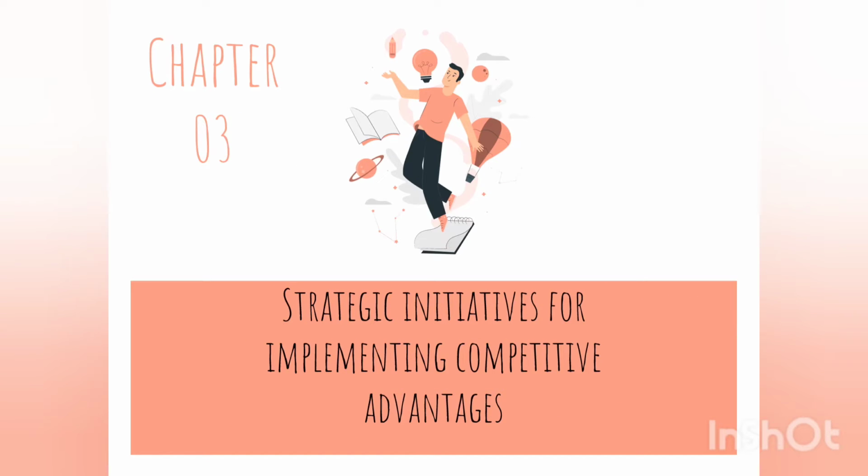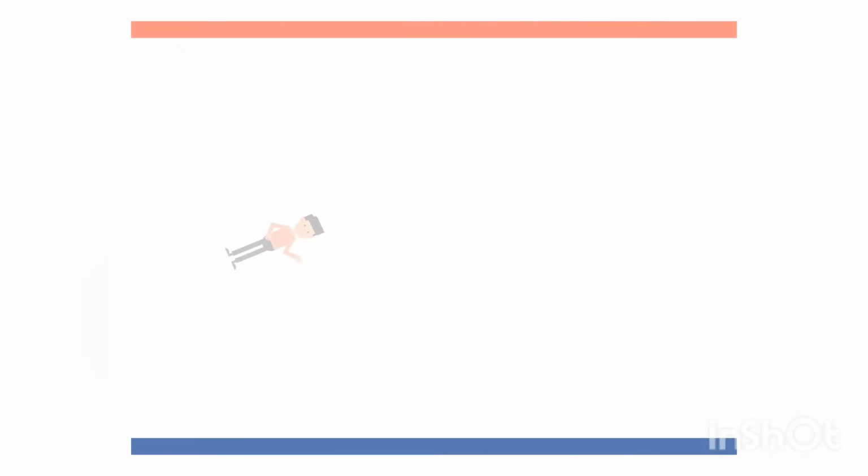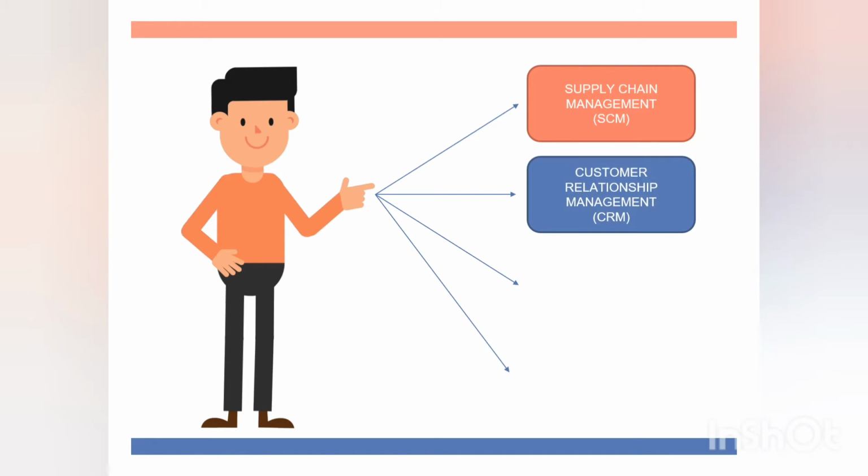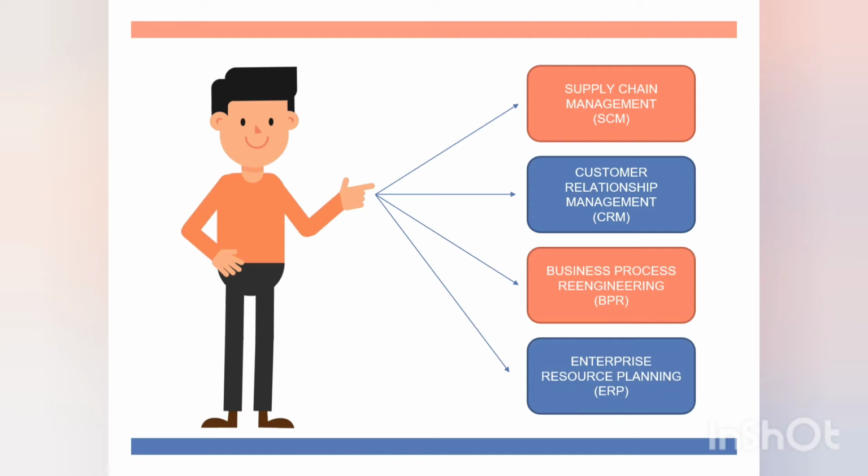Chapter 3. Strategy Initiative for Implementing Competitive Advantage. Firstly, we have supply chain management, customer relationship management, business process reengineering, and enterprise resource planning.